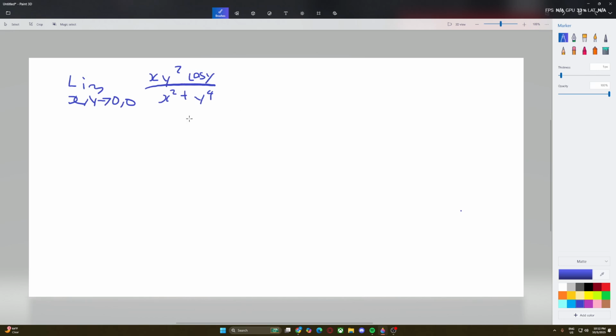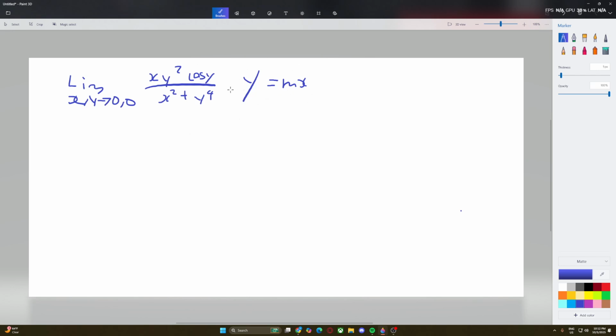Okay, let's do our previous method. Let's do y equals mx and see what we get. I have two methods in my notebook, and I believe this is a method that will get you nowhere.